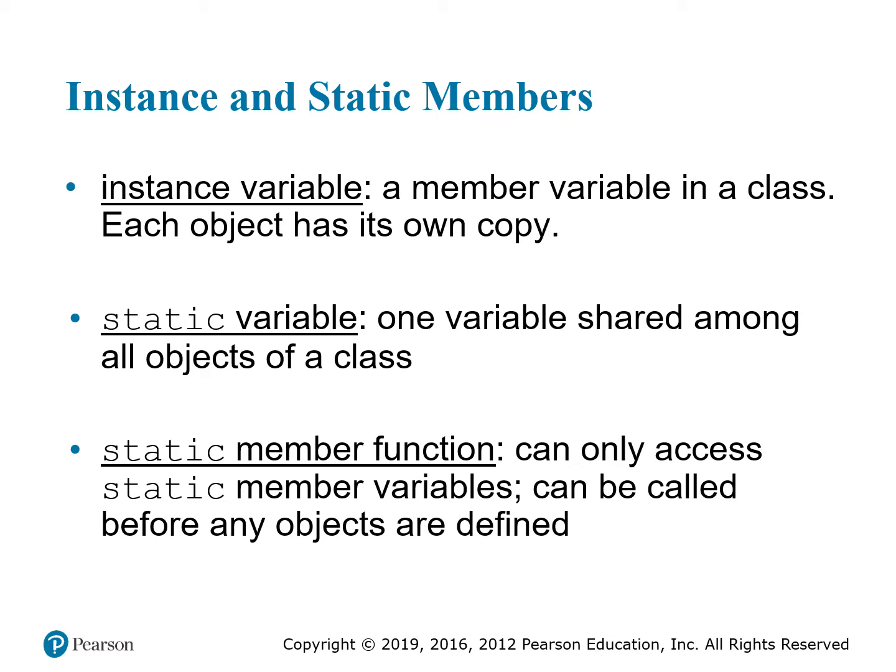Okay, so what we've been talking about is that all the variables we created prior to today, in the last presentation for example, were instance variables. It's a member variable in a class. Each object has its own copy. Each object is an instance of the class, so each one has its own instance variables.